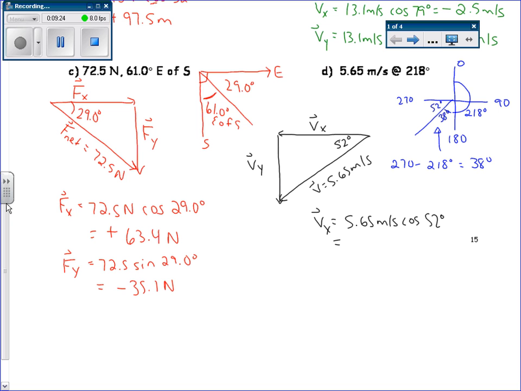And that will give us a negative answer, negative 3.48 meters per second. And Vy is 5.65 meters per second times sine of 52 degrees. Sorry, had a little brain fart. Okay, and that's also going to be negative because it's south, so we get negative 4.45 meters per second.